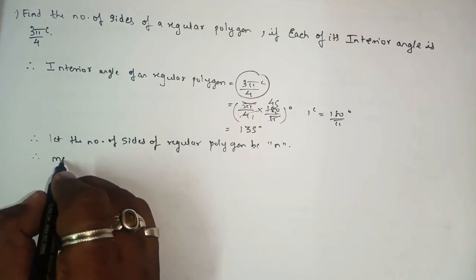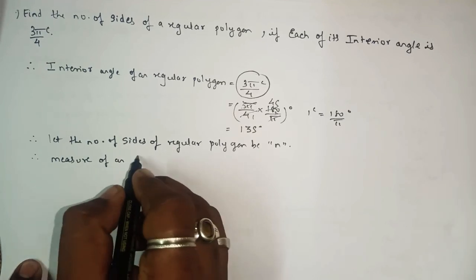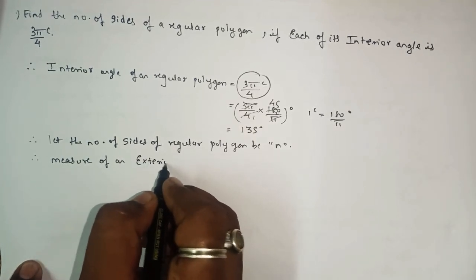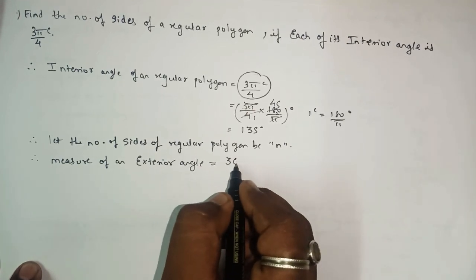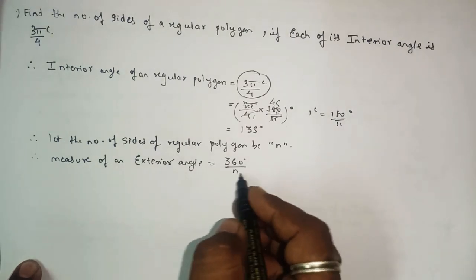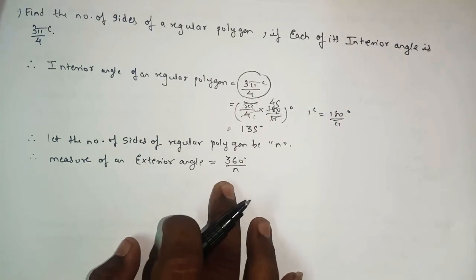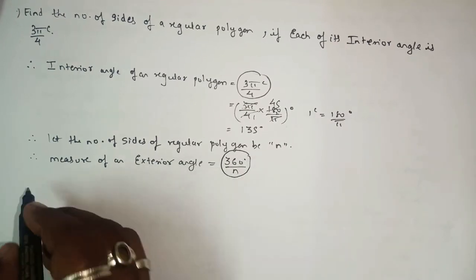Therefore, the measure of an exterior angle is 360 upon n. As we don't know the number of sides, we'll keep this measure of the exterior angle as it is, 360 upon n.